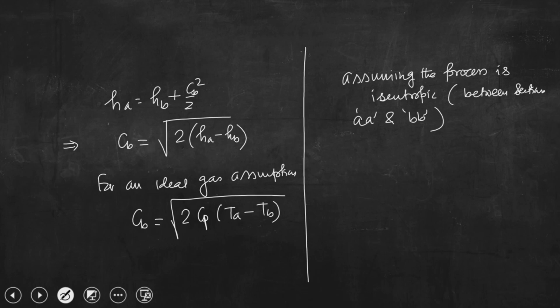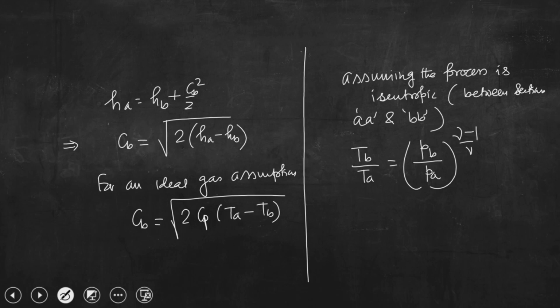We have also already assumed ideal gas assumptions, and we are also assuming that the process can be modeled by an isentropic process. Then we can write TB by TA equal to PB by PA power gamma minus 1 upon gamma.